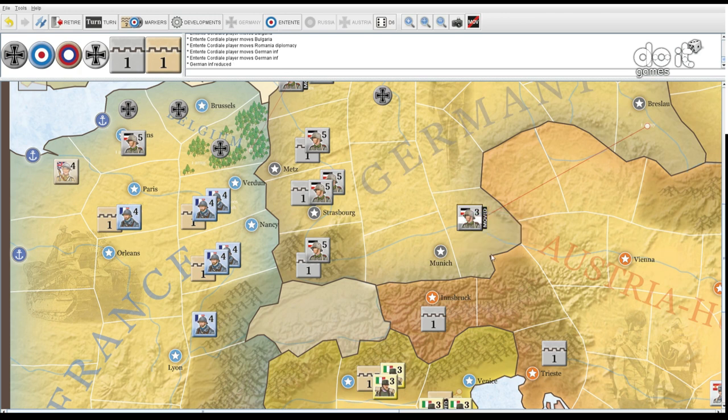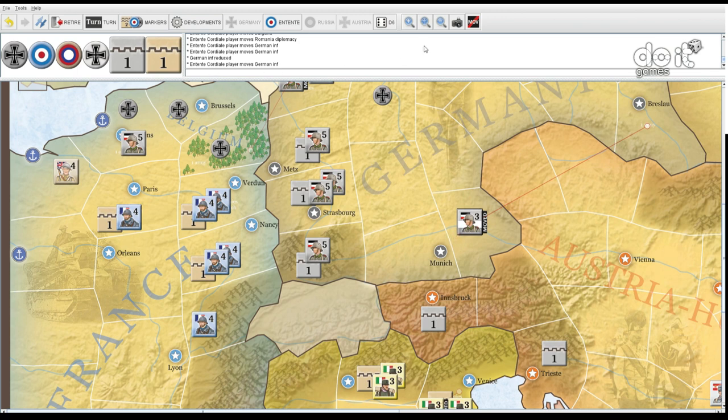I have to flip this, and now I have to wait for the German turn. At the end of the German player's turn, if that unit has not recovered supply, it will be eliminated from the game and will return to the pool to be built again, to recruit it again. So supply is very important.